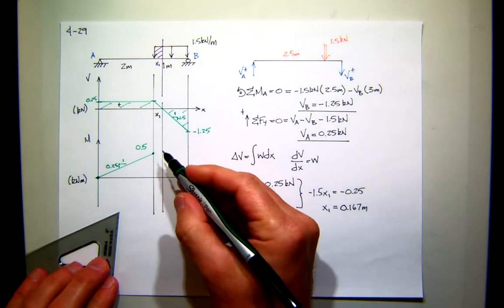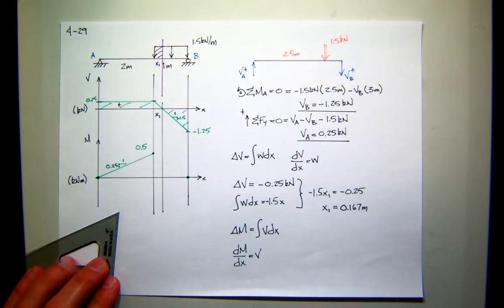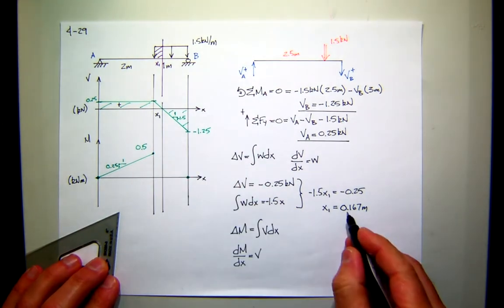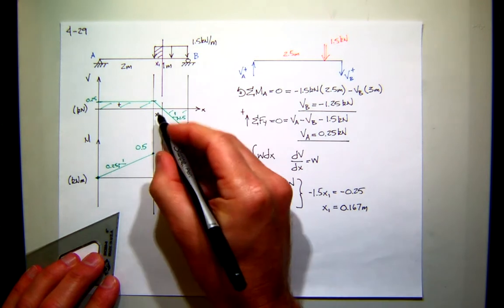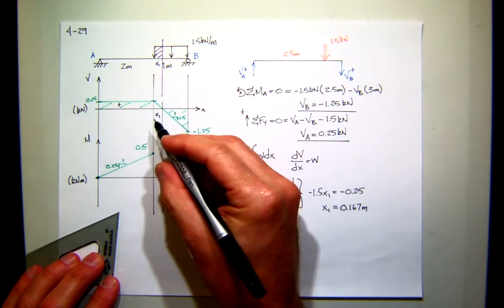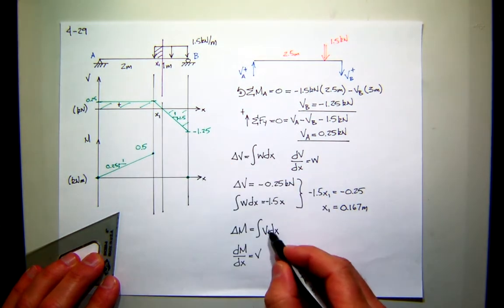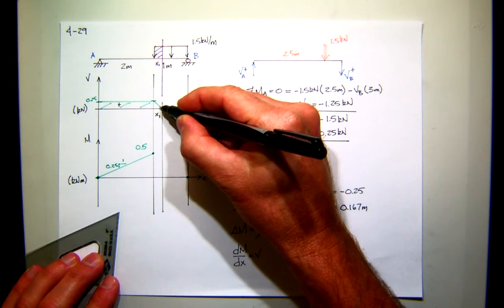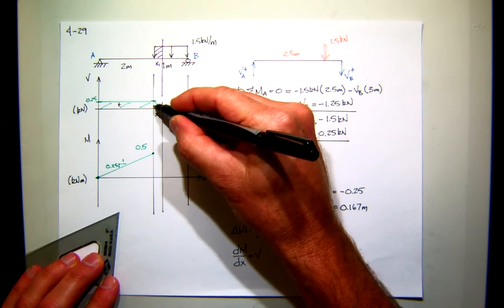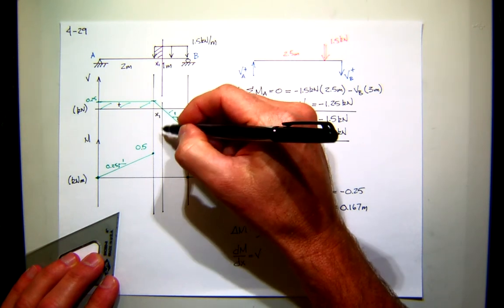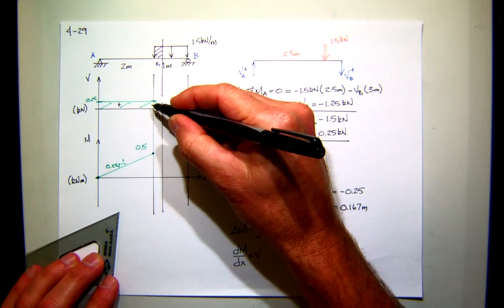Now, what's the change in moment over this next little small piece, this 0.167 meters? Well, the change in moment's the area of the shear diagram. That's this little triangle right here. The area of that triangle is 1/2 the base, which is x1, times the height, which is 0.25.